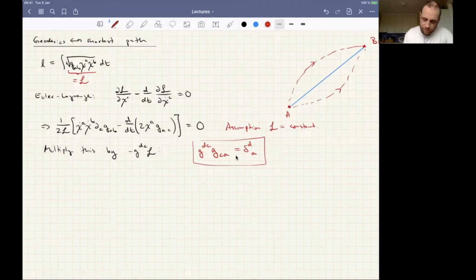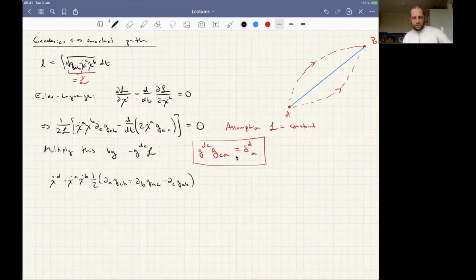So if I multiply by that and perform the derivatives here, what I'm going to end up with is the following equation. Chi dot dot D plus chi dot A, chi dot B, that's what I already had in the equation, 1 over 2, and then I have dA GCB plus dB GAC minus dC GAB.